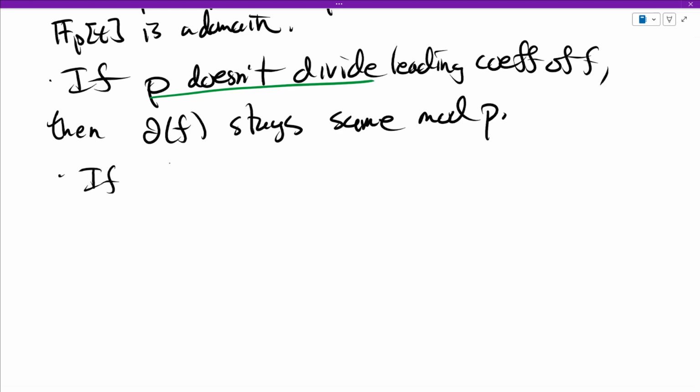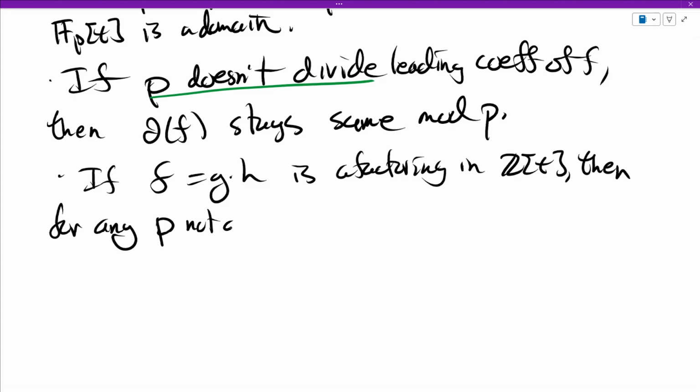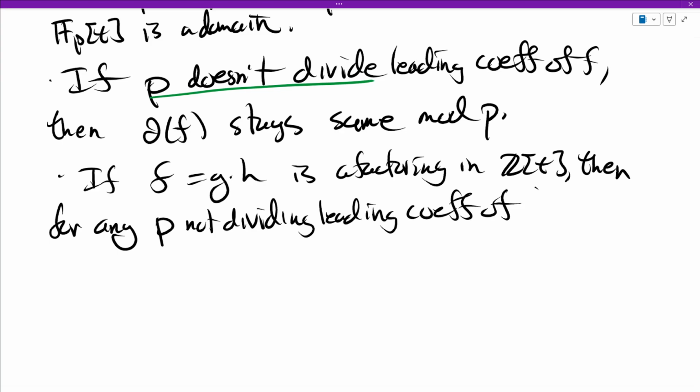So if f factors in Z adjoin T, then for any P not dividing the leading coefficient of f, that P also does not divide the leading coefficients of g and h, because the product of those is the leading coefficient of f.